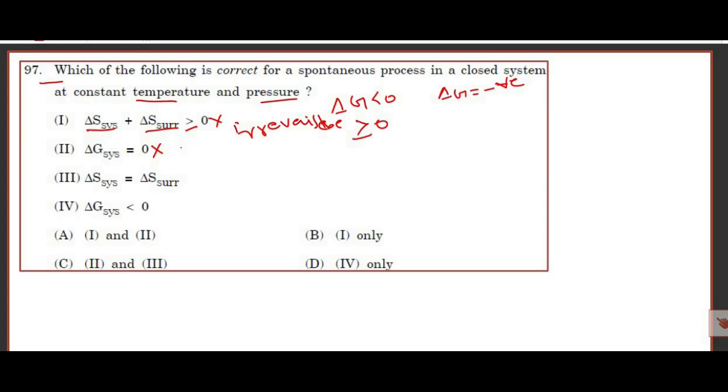For an irreversible or spontaneous process, delta G is not equal to 0 because they have given the spontaneous process or irreversible process. Delta G is equal to 0 for the reversible reaction, or at equilibrium.